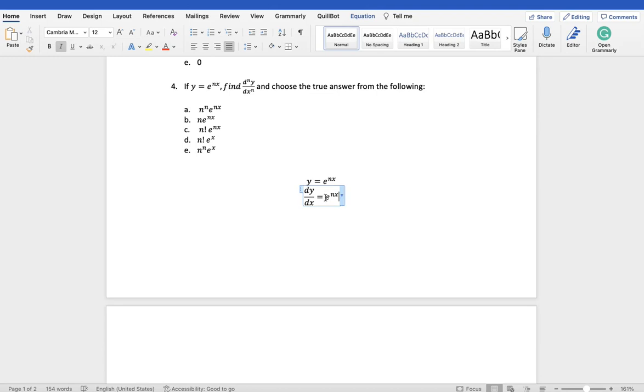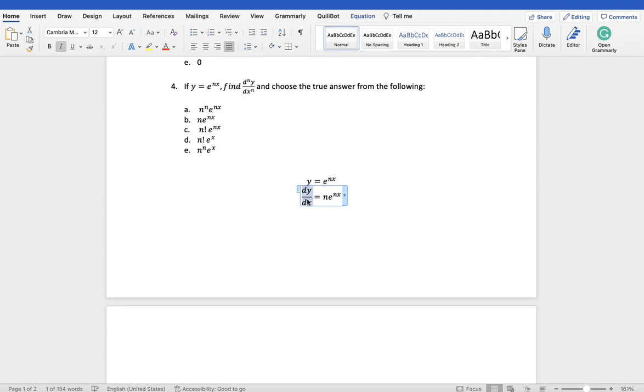The derivative of e to the nx first comes back as e to the nx, because the derivative of any exponential function with base e is just equal to that function. And then you take the derivative of what's in the exponent. So the derivative of nx is just n, right? So let's put the n in front of e here. So that's the first derivative.